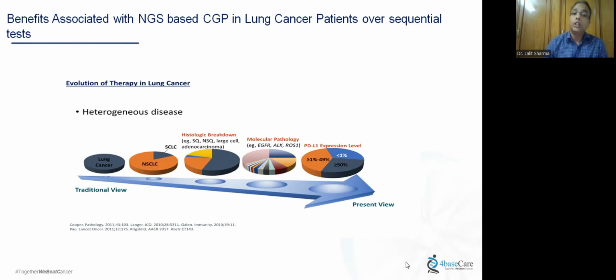And moreover, now we have data on PDL1 expression, which helps us classify these patients into PDL1 expressors and non-expressors, which to some extent helps us understand what the responses are going to be towards immunotherapeutic agents in these particular patients.